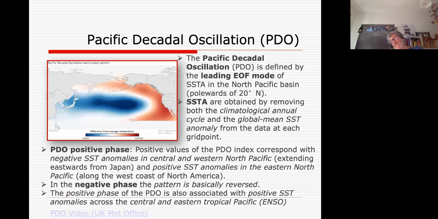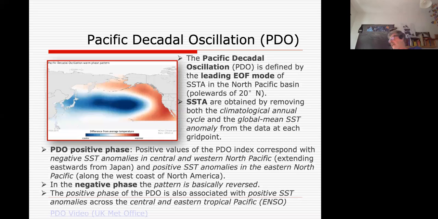So we have to subtract the global warming, then you calculate the seasonal cycle, and then you remove both from the SST. So you have a pattern which doesn't reflect changes due to global change, nor the variability due to the seasonal cycle that we know at this latitude is quite relevant.